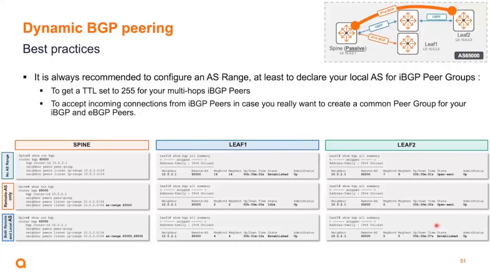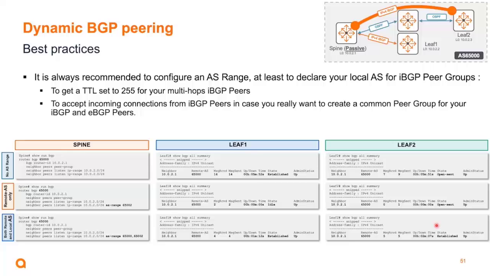Finally, it is also recommended to configure an AS range, at least to declare your local AS for iBGP peer groups, for iBGP peers, sorry. So, as we mentioned, the AS range is optional. It means that by default, if you don't specify an AS range, it will listen to your local AS.